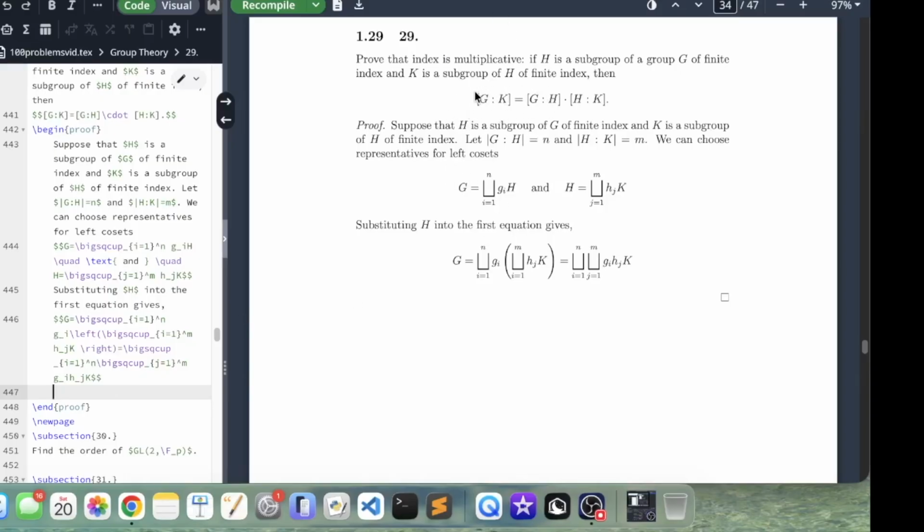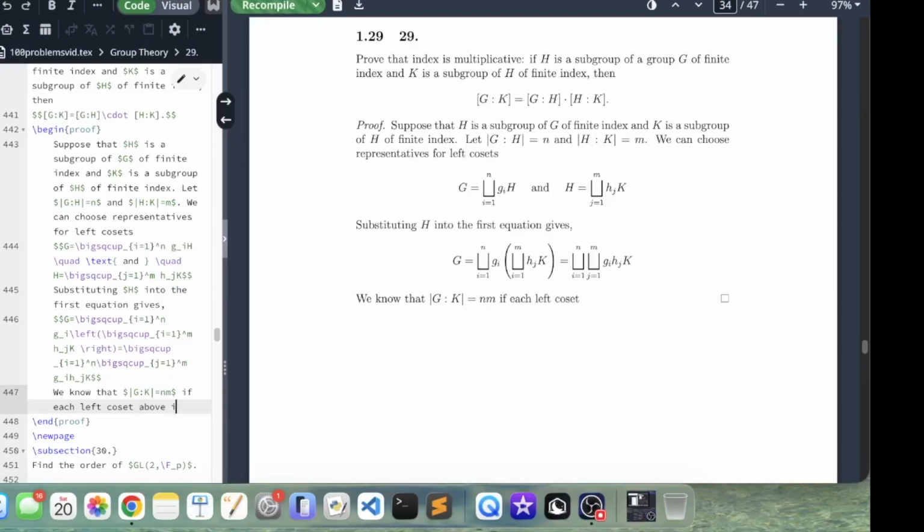Okay. We know that the index of K in G is equal to n times m if each left coset above is distinct.